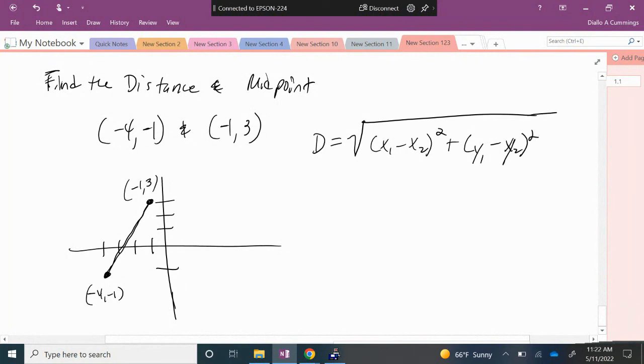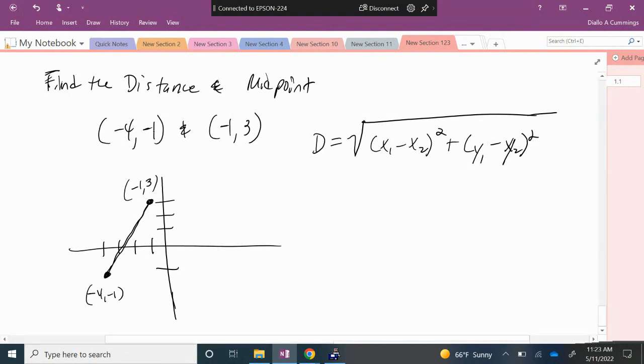All right, so what is y1, y2, x1, and x2? Well, they come from our ordered pair points. In any ordered pair, you must have an x, y format. It doesn't matter which point is your first point or which point is your second point.